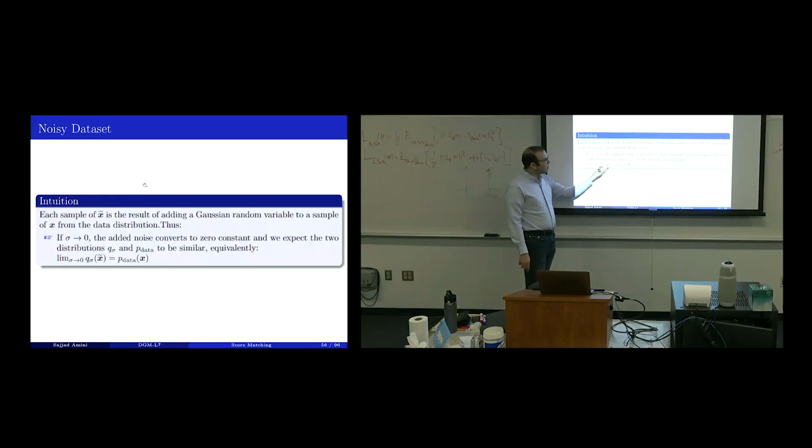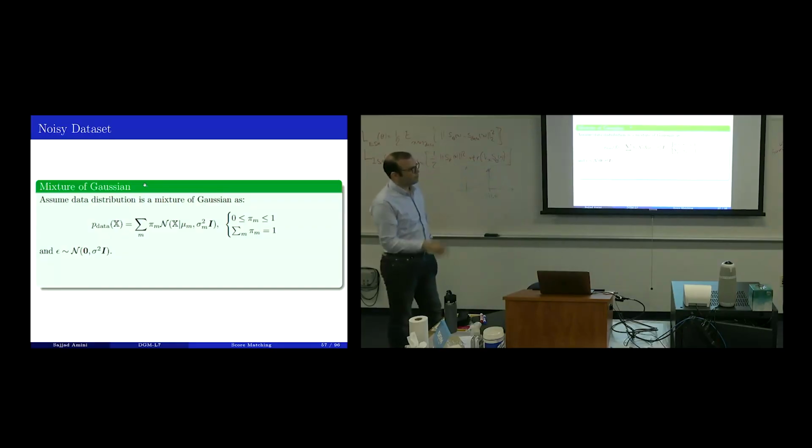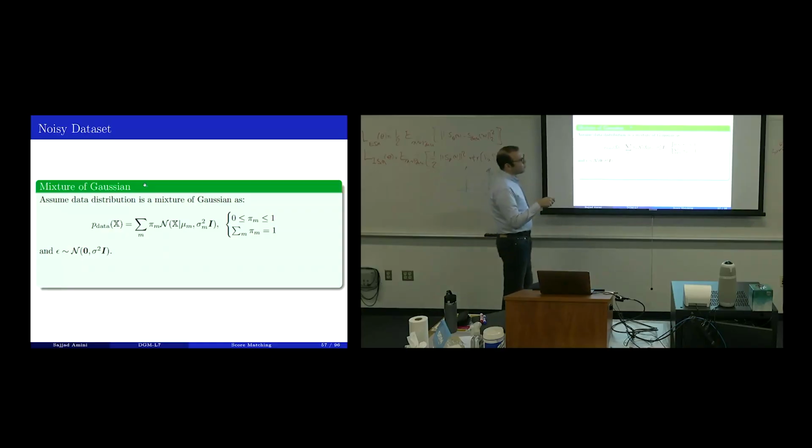So for a small value of sigma, we can assume that this Q sigma is equal to the P data of x. They are similar distributions to some extent. Now pay attention to the example that we talked about before. I have assumed that my true data distribution is a mixture of Gaussians. This is very important.